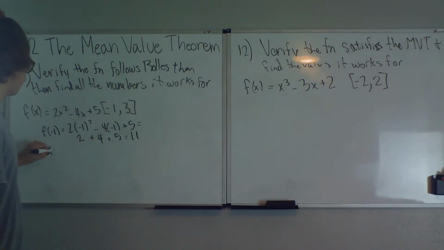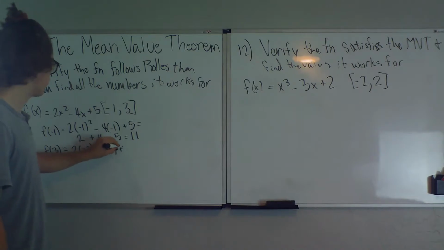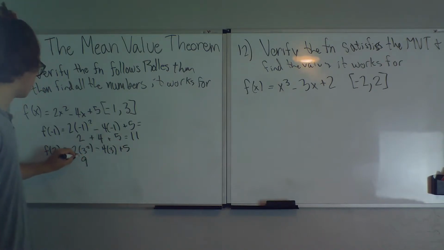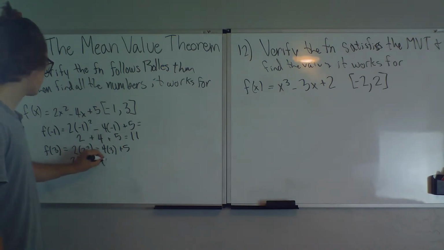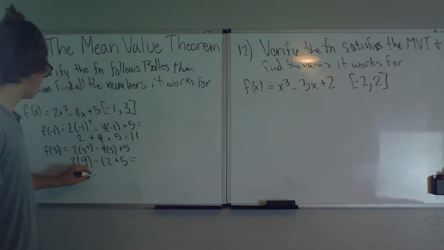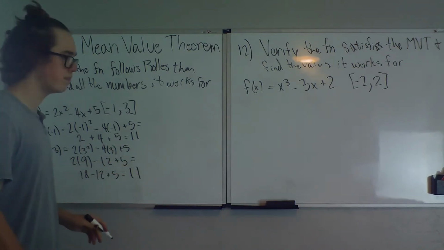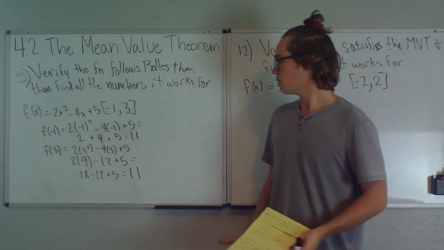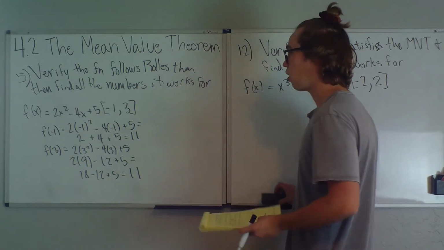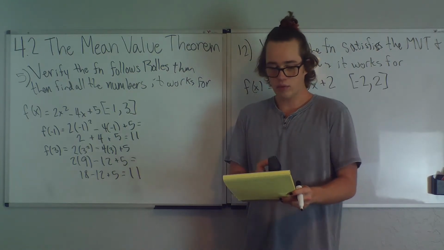And then we have f of 3 is equal to 2 times 3 squared minus 4 times 3 plus 5, and that is 2 times 9 minus 12 plus 5, which is 18 minus 12 plus 5, which is equal to 11. So it works.